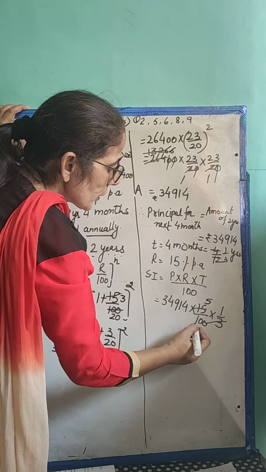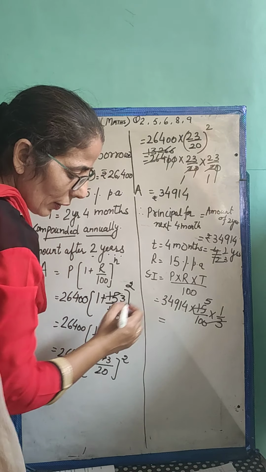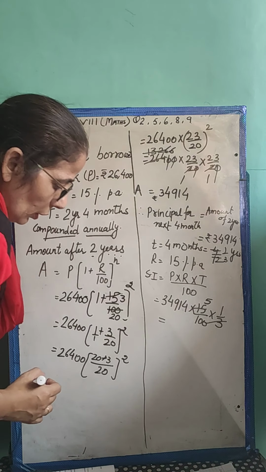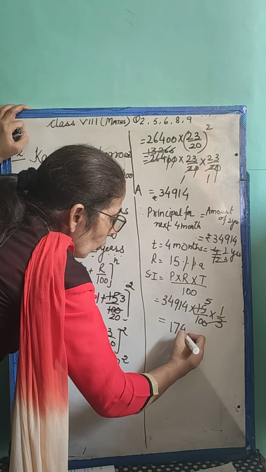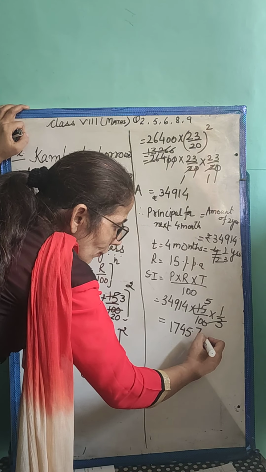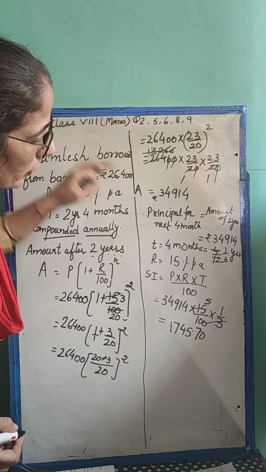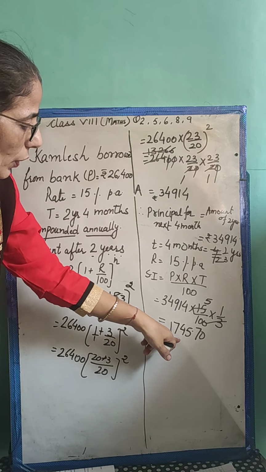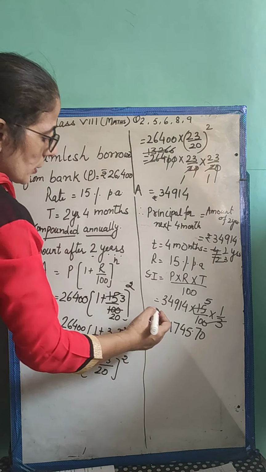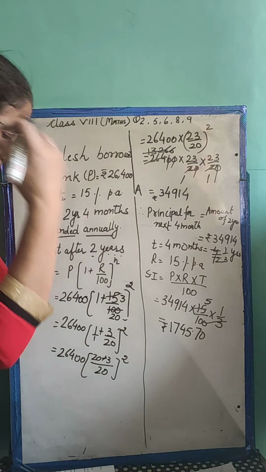We will do the cancellation. When I multiply these, I get 1745.70, because 100 is in the denominator. This gives 174570 upon 100. So I got this simple interest.